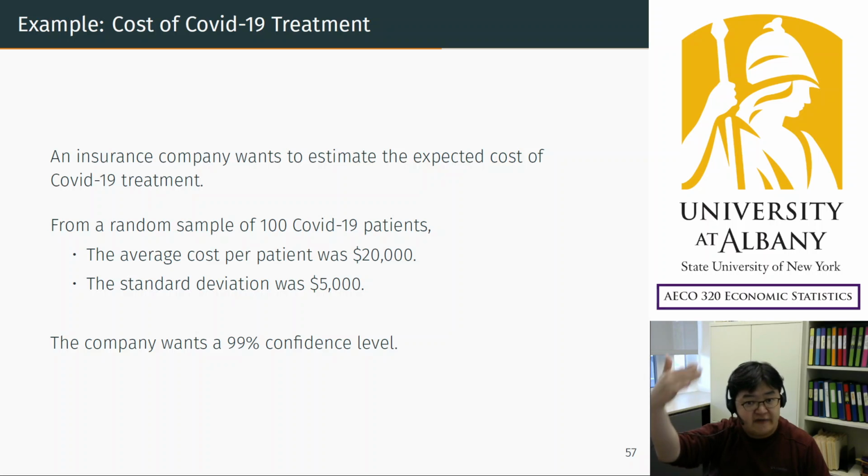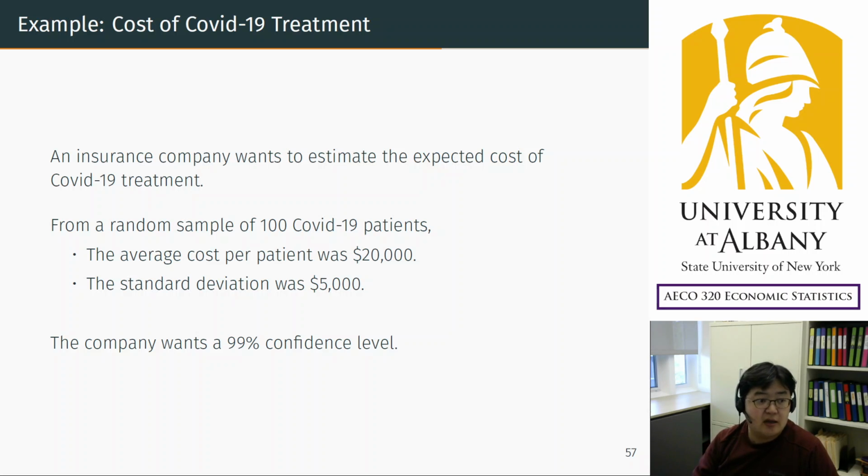So on average the 100 medical expenses was $20,000, and their standard deviation was $5,000. It's pretty simple information, but that's enough to calculate a confidence interval.